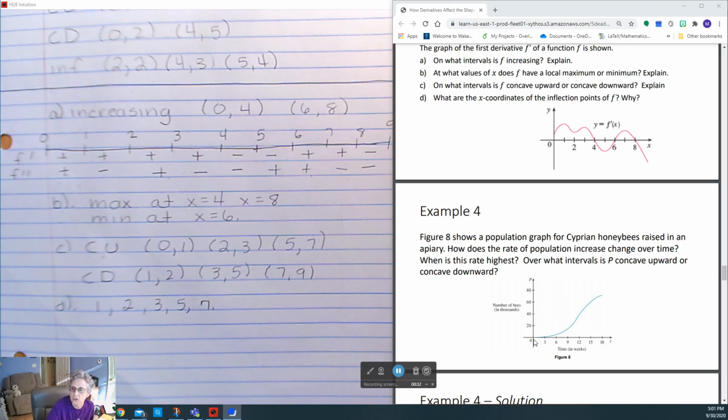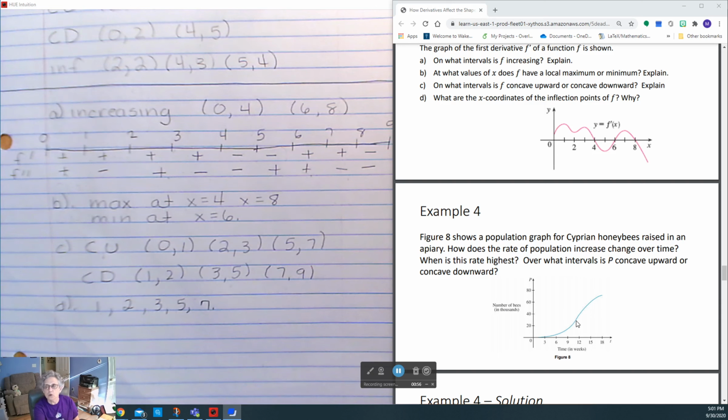So you can see it starts out increasing at a decreasing rate, concave up. At about 12 weeks, it switches to increasing, actually more about 10 weeks, hard to tell. Starts increasing at a decreasing rate. So concave up, concave down.